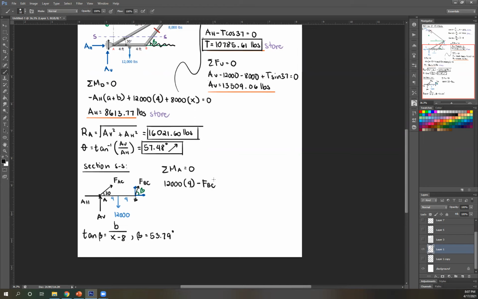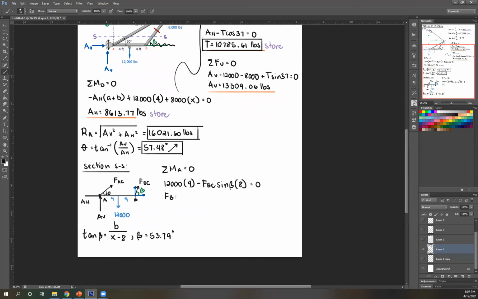Okay, so now we can get the vertical component of this. Again, we use the vertical component. So vertical, therefore, that's sine beta. So sine beta. Okay, and then perpendicular distance of the vertical component of FBC from A. So that's 4 plus 4. So times 8. There's no other force creating moment about A, so just equate that now to 0.